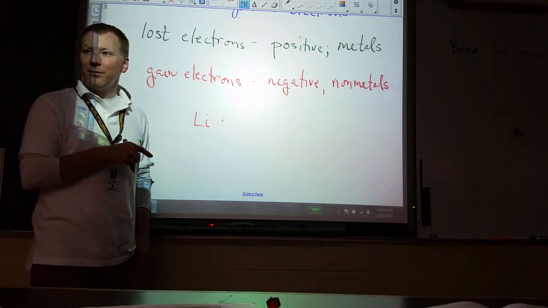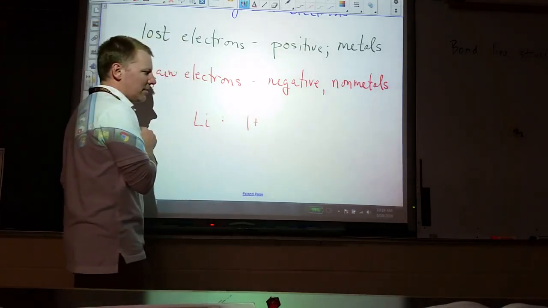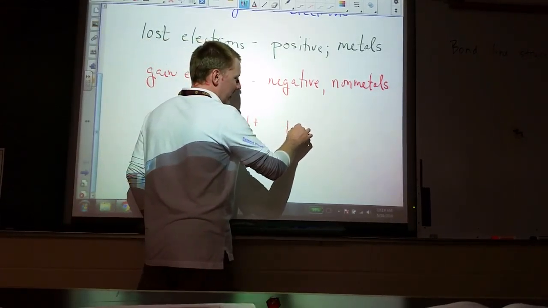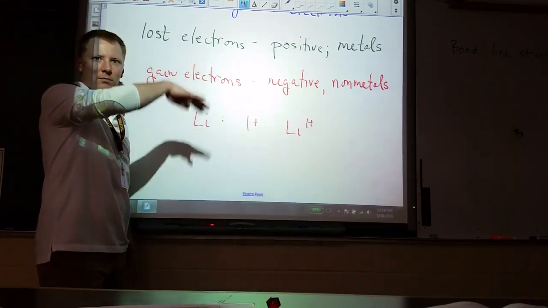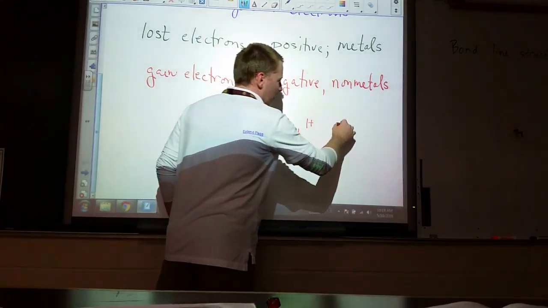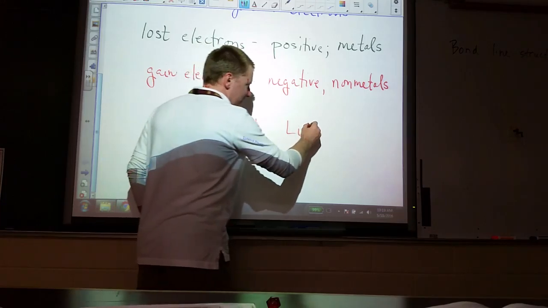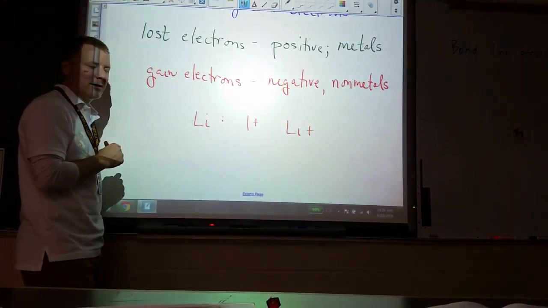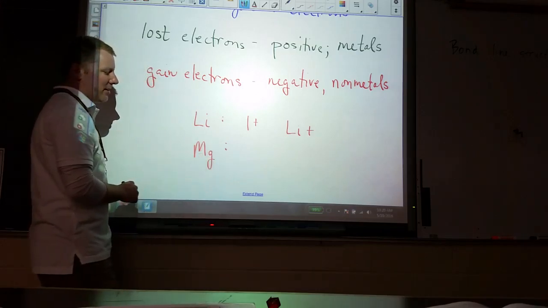It would give that up to expose its shell underneath, so it would get a 1+ charge, and we would write it Li. On the computer we can't do superscripts, so it would just be Li+.